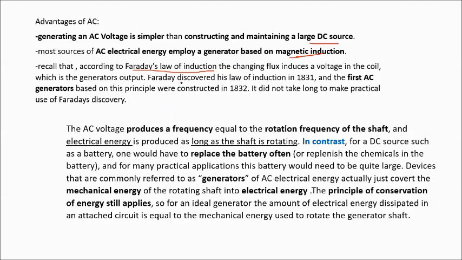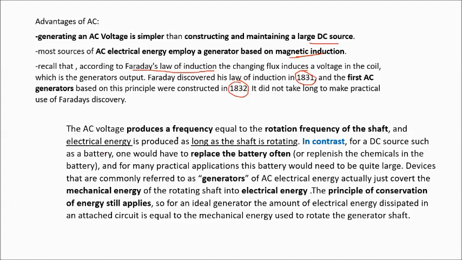Faraday's discovery of magnetic induction was in 1831, but the first generators based on this principle were constructed in 1832. So it did not take long to make practical use of Faraday's discovery.